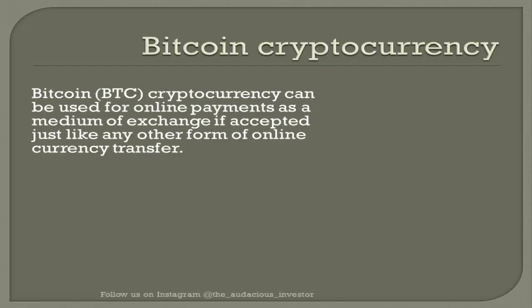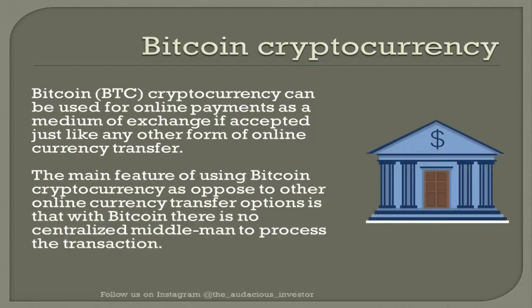So the Bitcoin cryptocurrency can be used for online payments as a medium of exchange if accepted, just like any other form of online currency transfer. The main feature of using Bitcoin cryptocurrency as opposed to other online currency transfer options is that with Bitcoin there is no centralized middleman to process the transaction.